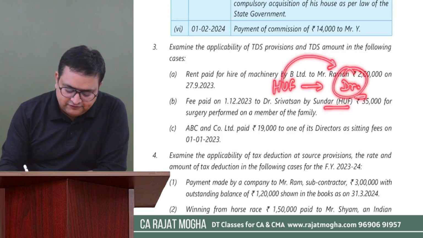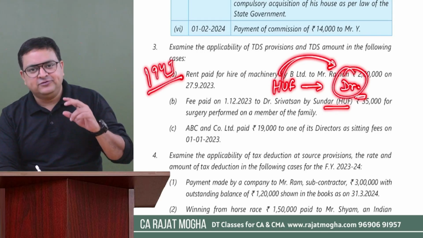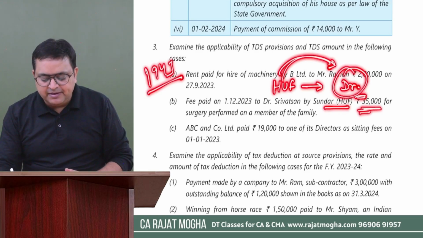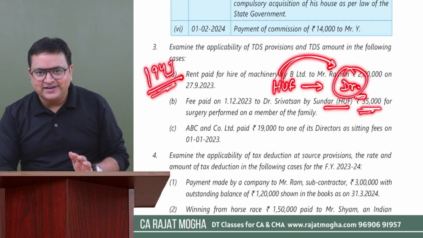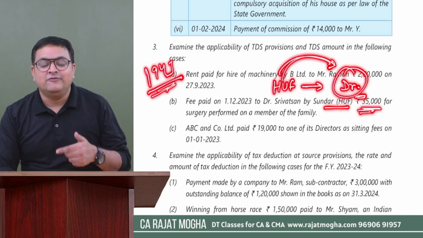Now we know that for professional services, we have section 194J, where the limit is 30,000 rupees. And here we are making a payment of 35,000. So can we deduct TDS under section 194J at a rate of 10% for professional services? No. Why not?